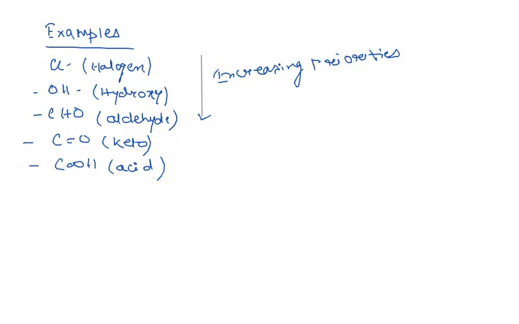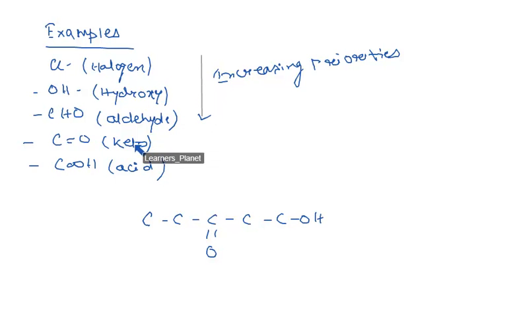So for example, I have a carbon chain like this. I have a group like OH here and the C double bond O also here. So how will we number this? We will number it from the side which has more priority, students. Which has more priority, keto group or hydroxy group?